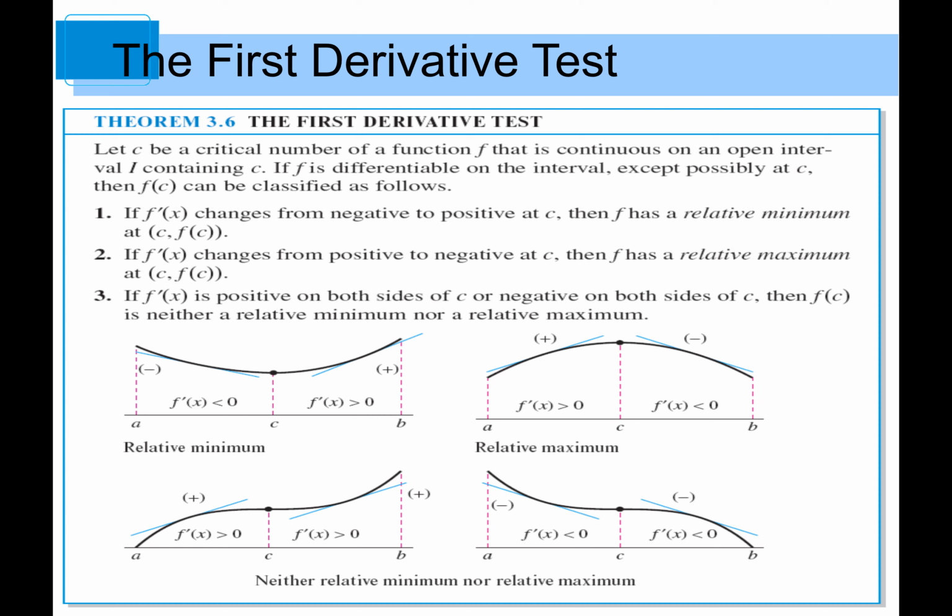If f prime of x, meaning the slope of the tangent line, changes from negative to positive, then we have a relative minimum here at x equals c.